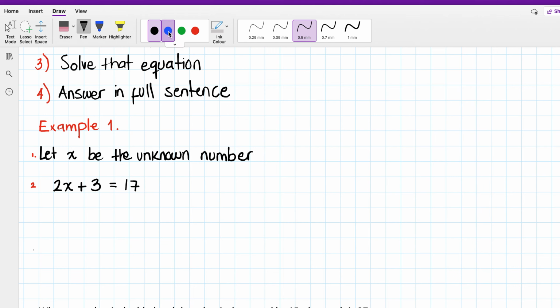Then I'm going to solve it. You can see here is step 3, very close to it. Remember that we use the same operation. So first we have to define what is happening to the x here. What is happening to the x? You don't have to write all this.